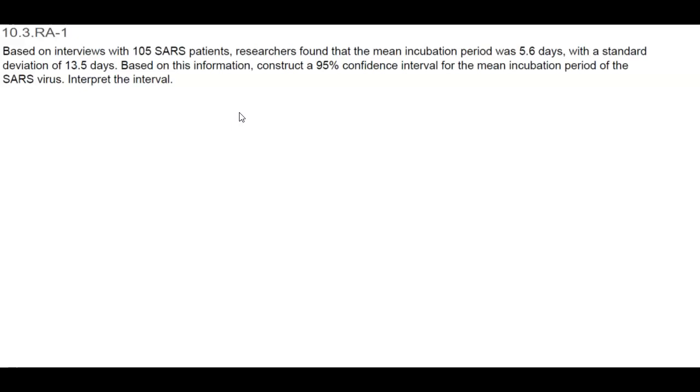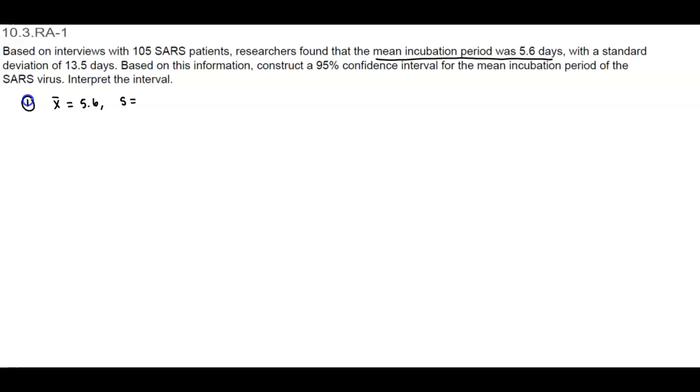We first need to identify what is the mean in this particular question. We can see here that the mean incubation period was 5.6 days. Then we also need to figure out what the standard deviation is.